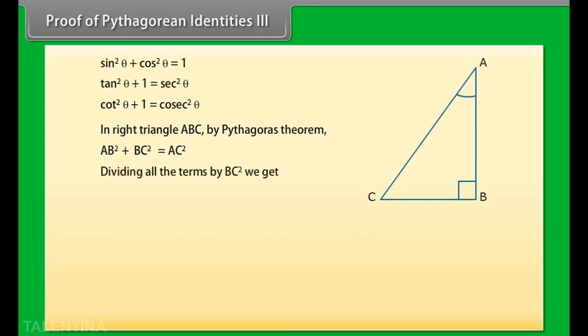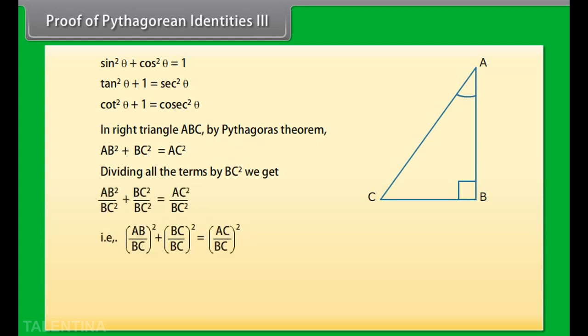Dividing all the terms by BC square, we can write it as (AB upon BC) whole square plus (BC upon BC) whole square is equal to (AC upon BC) whole square. That is, cot square A plus 1 is equal to cosec square A.